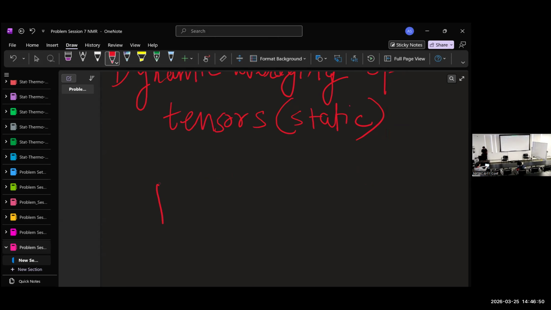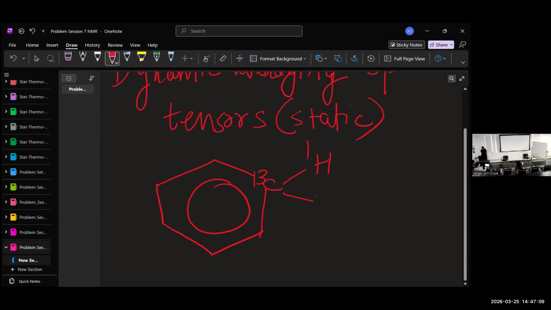So the first part of the problem describes an aromatic group, and it's asking you to focus on a particular C13 in that aromatic group. If I consider the CSA tensor of this carbon, according to the problem's description, where is the z-axis of this tensor?